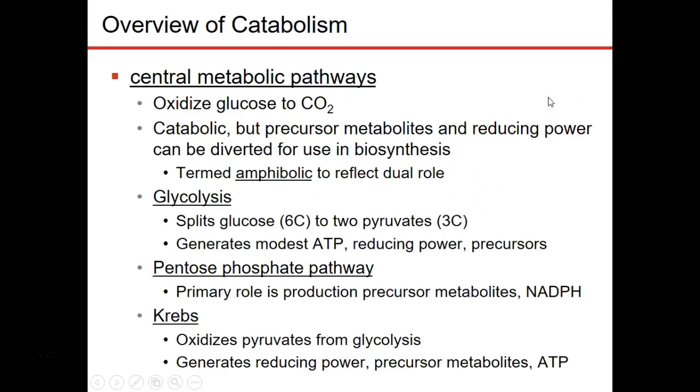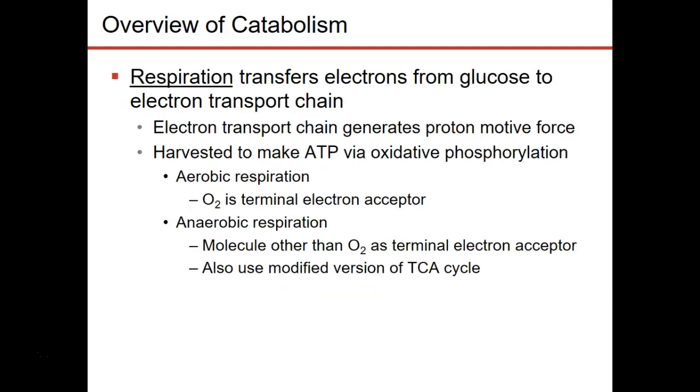Sorry. So we're going to talk about some different metabolic pathways. Specifically, we're going to talk about glycolysis, citric acid or Krebs cycle, electron transport chain, fermentation, and the pentose phosphate pathway, which is part of photosynthesis.